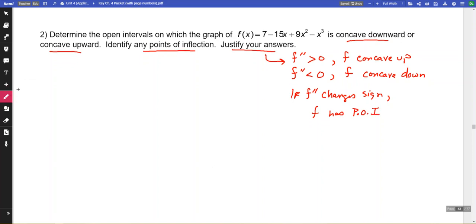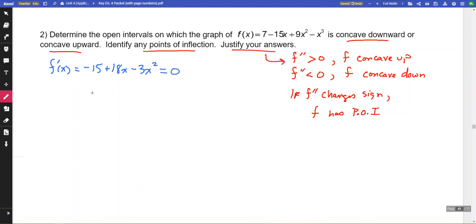So we need to find these derivatives. Let's go ahead and do so. So f prime, our derivative, is going to be negative 15 plus 18x minus 3x squared. And we want to figure out when that derivative is equal to 0.